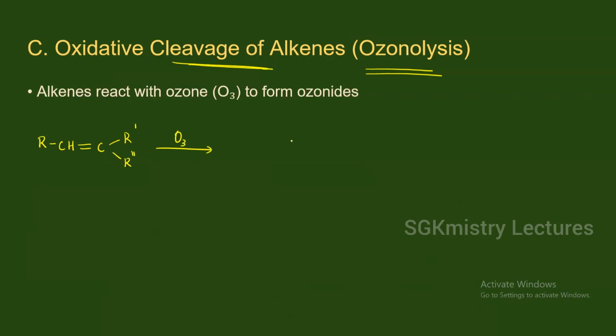So you're going to treat it with ozone. So R, CH. Now the double bond, where the double bond is there, the ozone adds there. So we have O. Here the C, there is R dash, R double dash. Now here, this is called as the ozonide. So ozonide formation takes place by the addition of the ozone to the double bond, right?